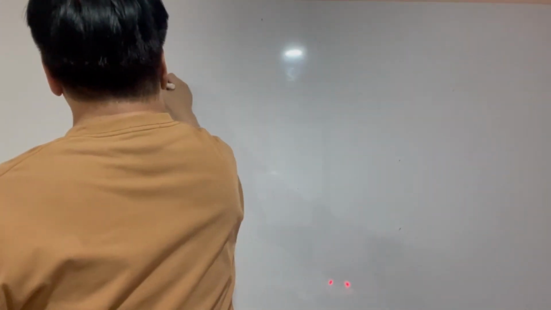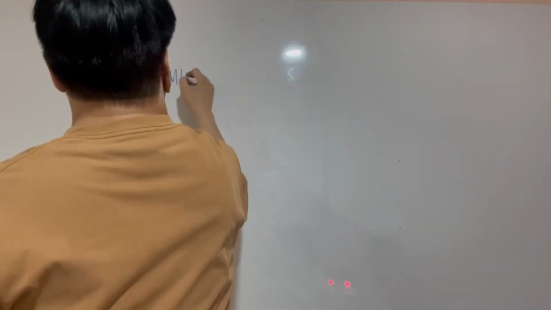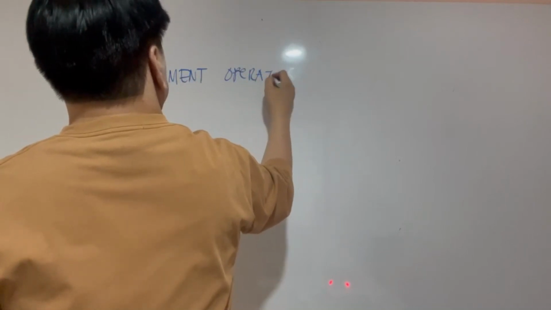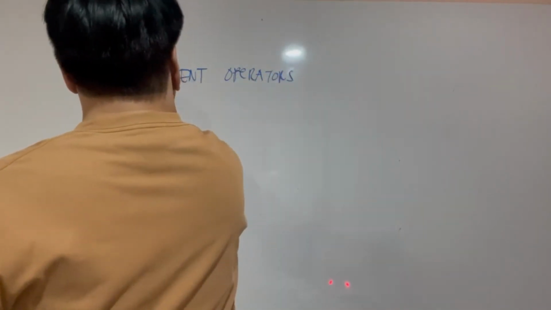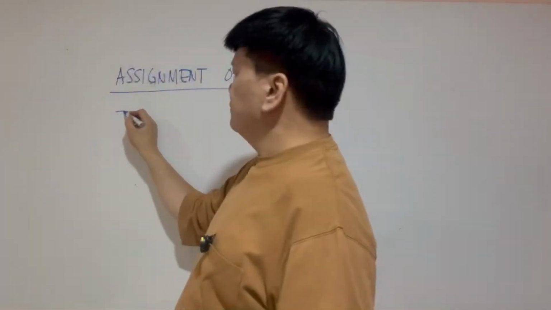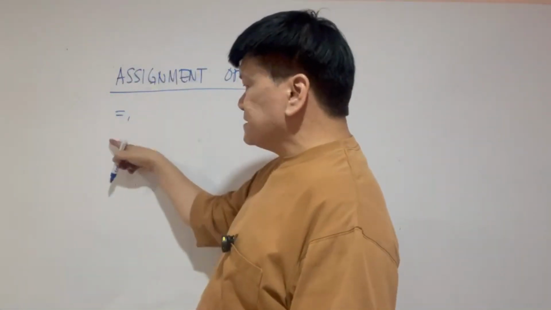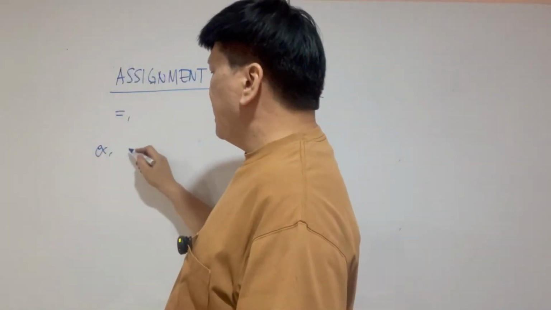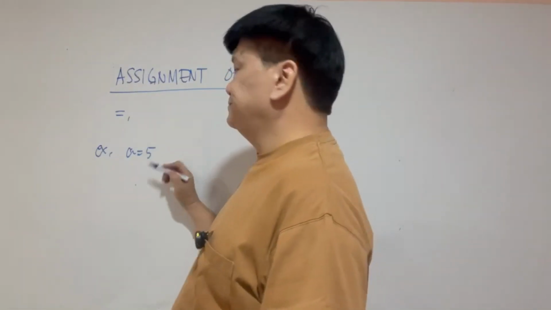Then the assignment operators. These operators assign values to variables. And some of the assignment operators are, so you have the equal, assigning a value. So let's say, for example, A will get the value of 5.